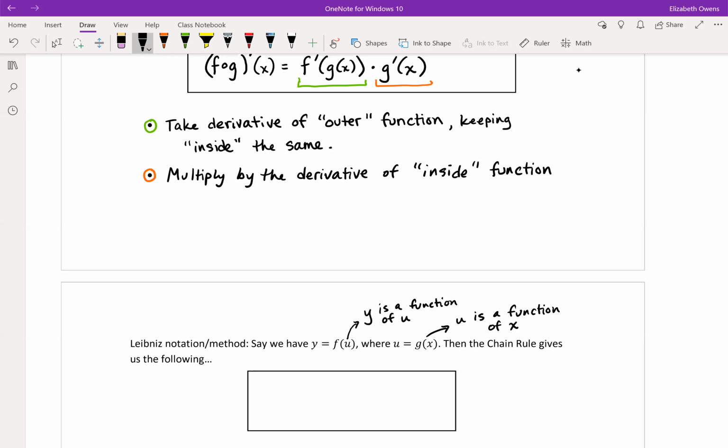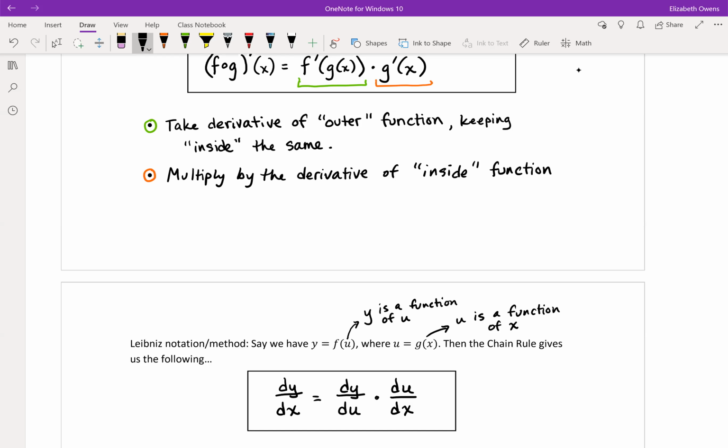So the chain rule in this notation looks like this. The derivative of y with respect to x, dy dx, equals the derivative of y with respect to u, so dy du, times du dx, the derivative of u with respect to x.